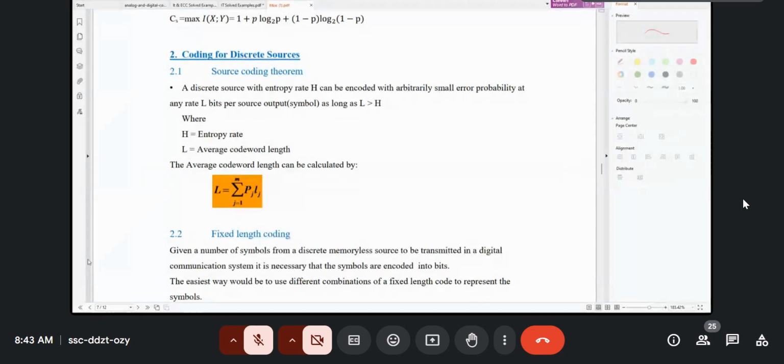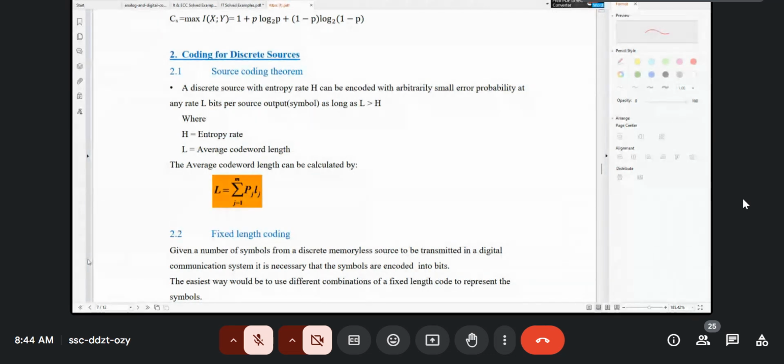For example, when it is voice, you want to change your voice from analog to digital. And so you have to go through a process.